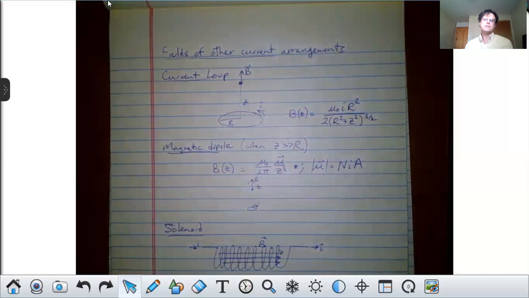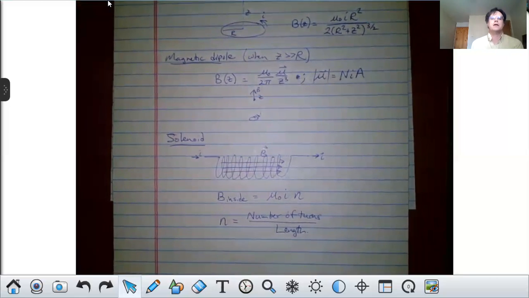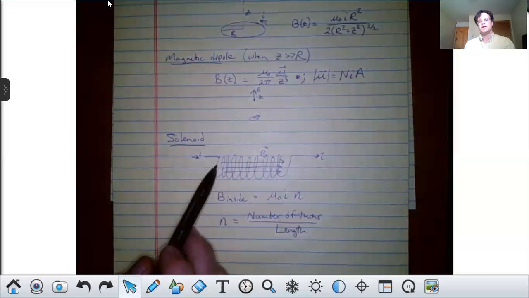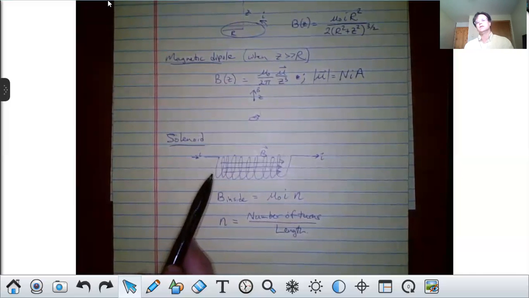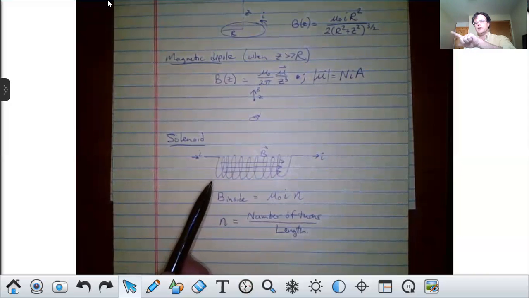Okay, so for our last example here, we're going to talk about what's called a solenoid. Now, a solenoid is a wire that's wrapped into a number of turns, kind of a cylindrical thing. So I've got empty space in between these loops of wire.